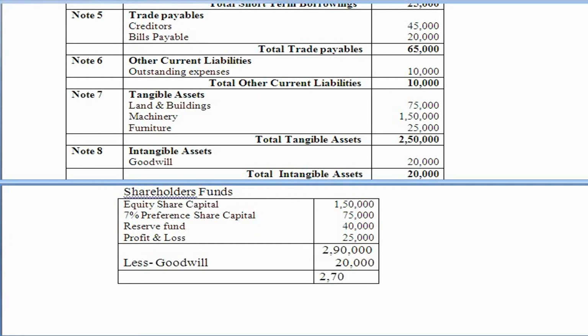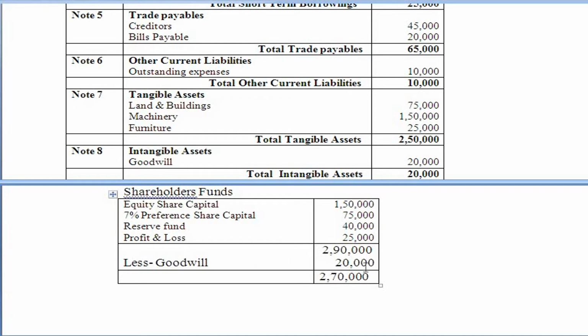2,70,000. How has this amount come? Shareholders funds include equity share capital, preference share capital, reserve fund, whatever fund has been created, and profit earned for the year is also a part of shareholders funds. From this amount we have to deduct fictitious assets, that is goodwill, preliminary expenses.